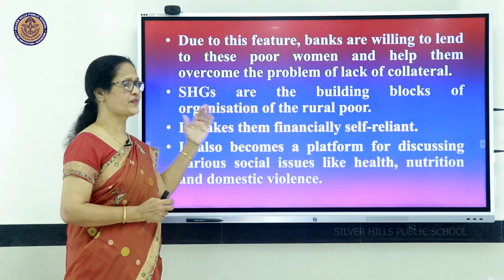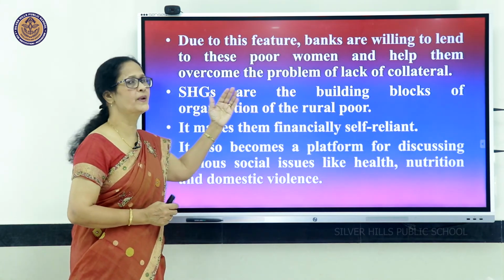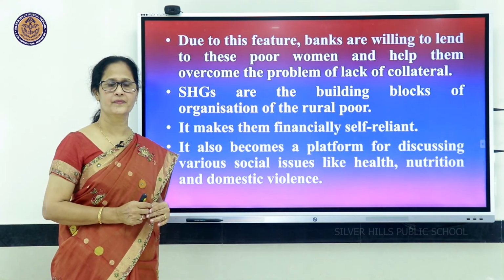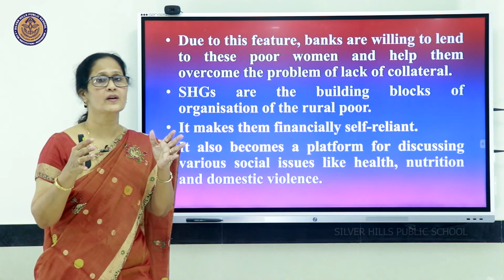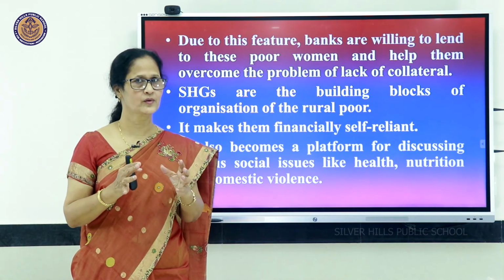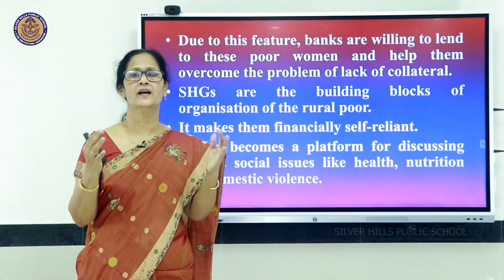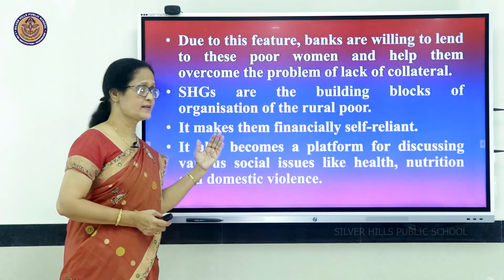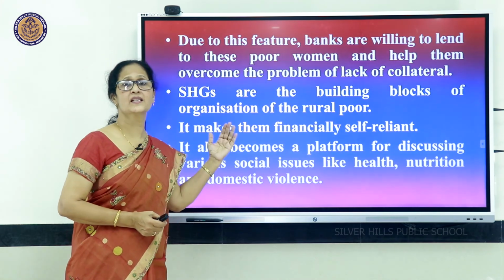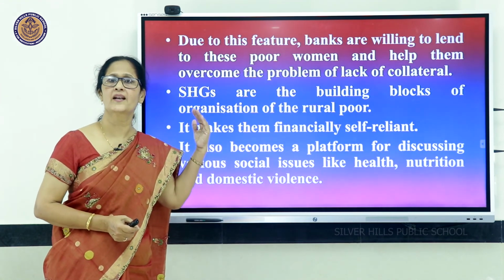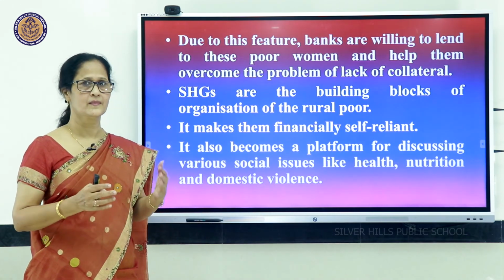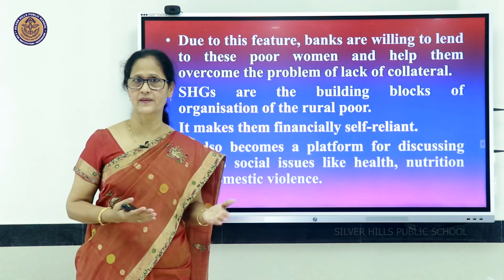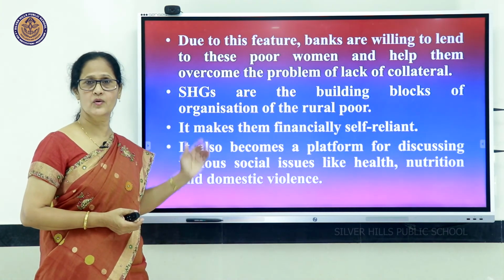Now, the significance of SHGs. SHGs are the building blocks of organization of the rural poor. We know that when people are united, when they are organized, they can overcome many problems. These SHGs make these poor women financially self-reliant. They can get loans and carry out many economic activities with the help of the loans taken.